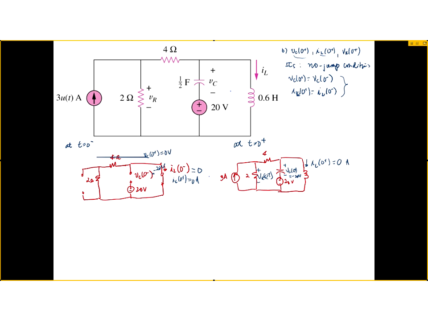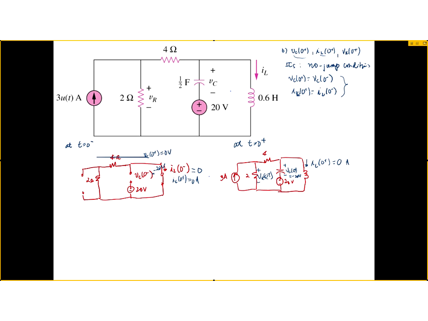When you're talking about the inductor, be careful about using its voltage because the voltage in an inductor can jump. Only the current cannot. So the only thing we know initially is the current in the inductor is 0 and the voltage across the capacitor is minus 20. However, if you want to analyze the voltage across the inductor, you have to borrow the property of the capacitor that says it cannot jump.